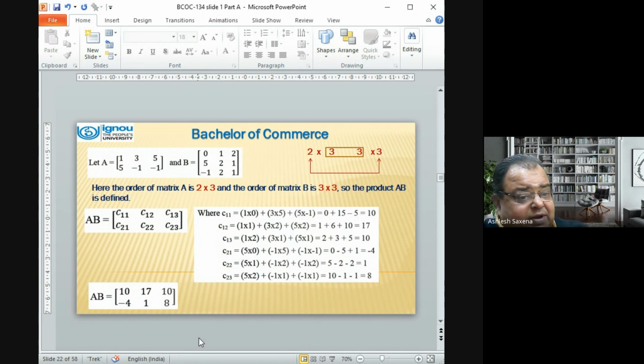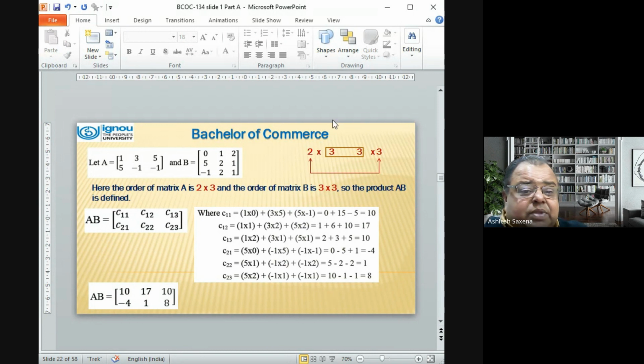Now see to it. Your matrix A is 1, 3, 5, 5, minus 1, minus 1. This is a matrix of order 2 cross 3. Your matrix B is a 3 by 3 matrix. Why is it a 3 by 3 matrix? Because it has 3 rows and 3 columns. Without multiplying, see how the order can be formed.